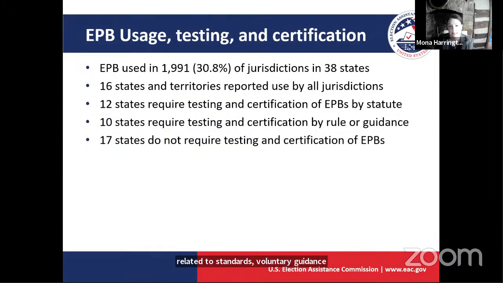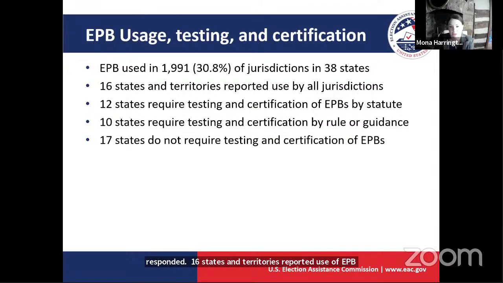According to data collected during our 2020 Election Administration and Voting Survey, or EAVS, EPBs are used in 30.8%, or 1,991, of the jurisdictions in 38 states that responded. 16 states and territories reported use of EPBs by all of their jurisdictions.